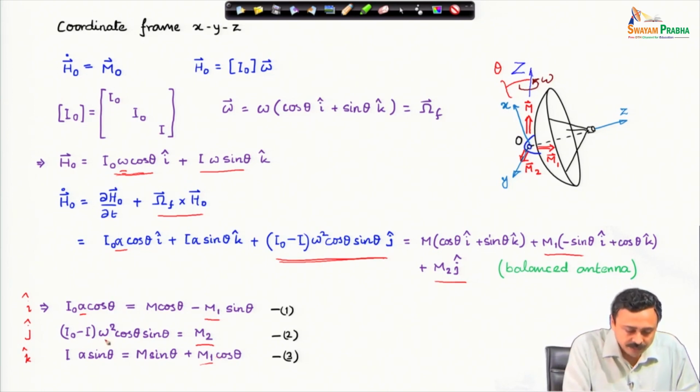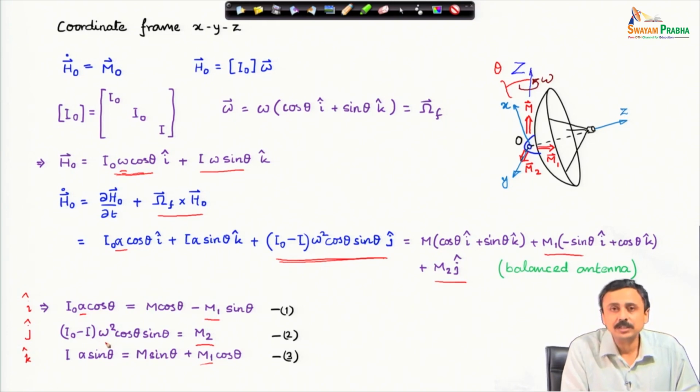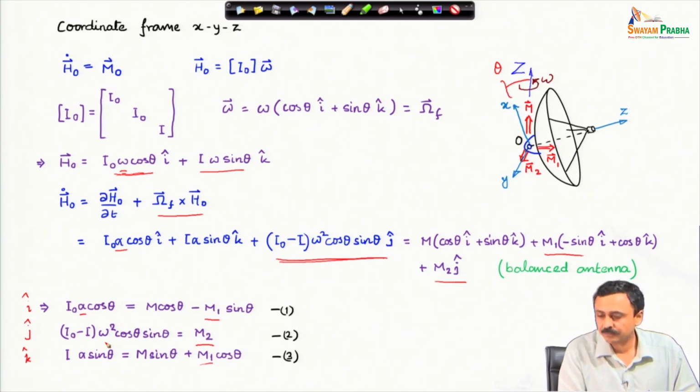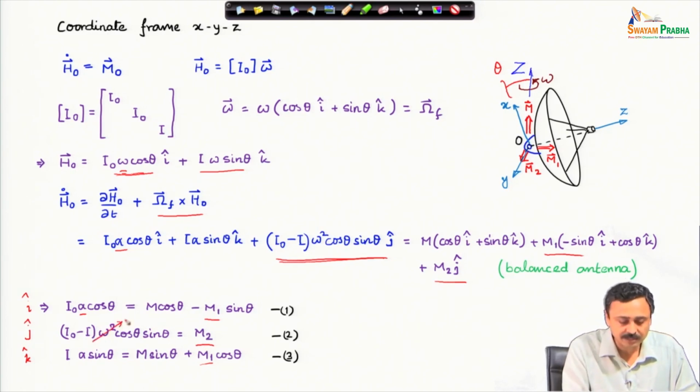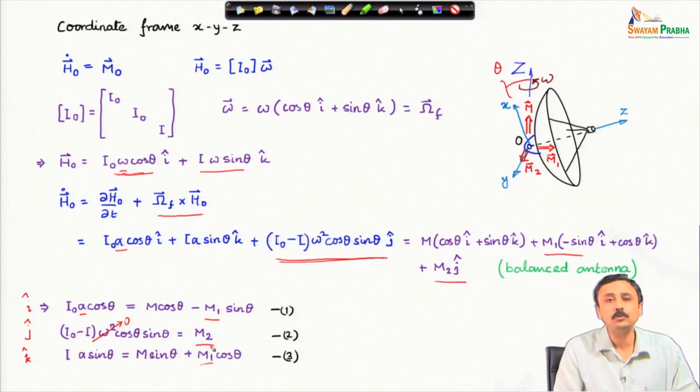You will note that since the angular velocity is 0, it was mentioned that a moment m is given to the antenna and we have to find out the angular acceleration. Initial angular velocity is not mentioned, so maybe it is from rest. If it is from rest, then you will find immediately that if omega is 0, then m2 vanishes.